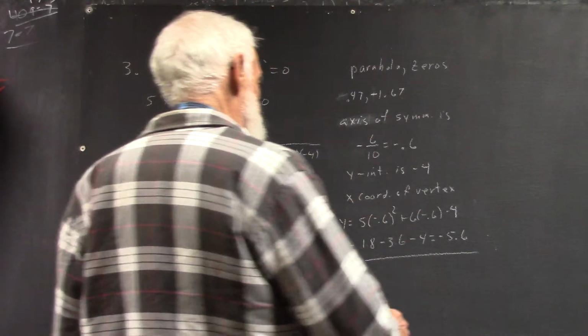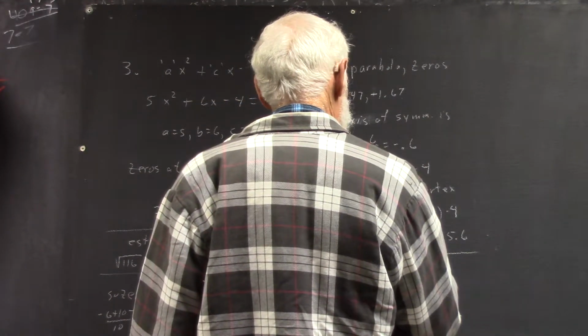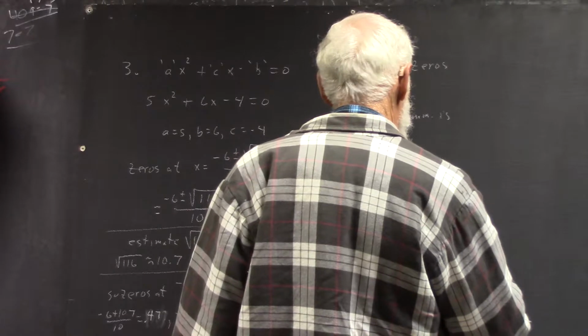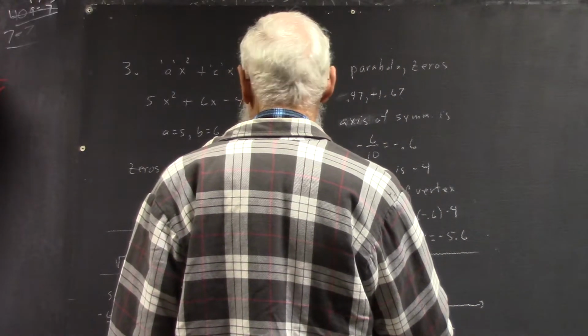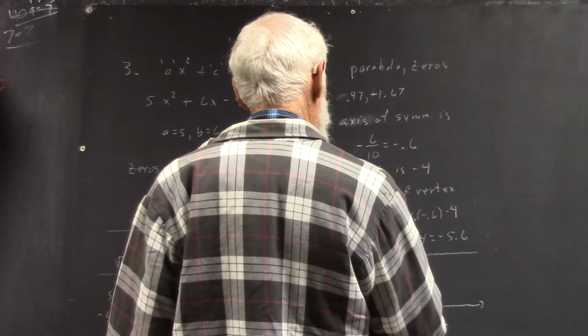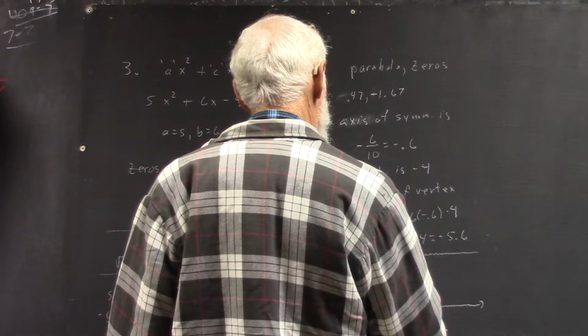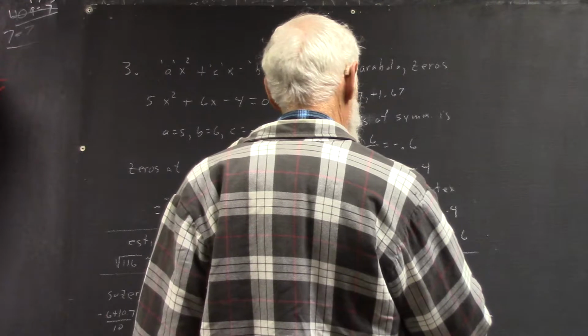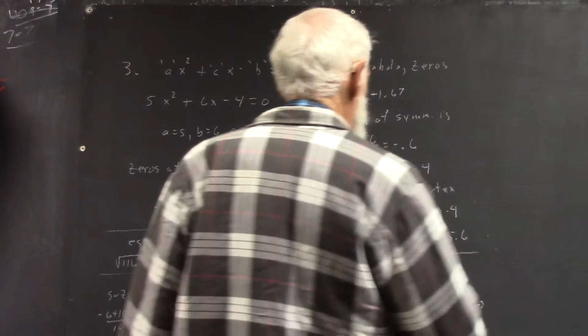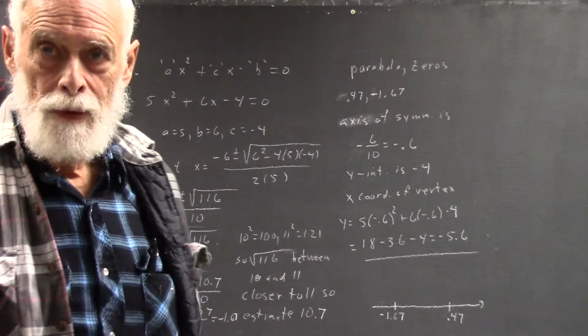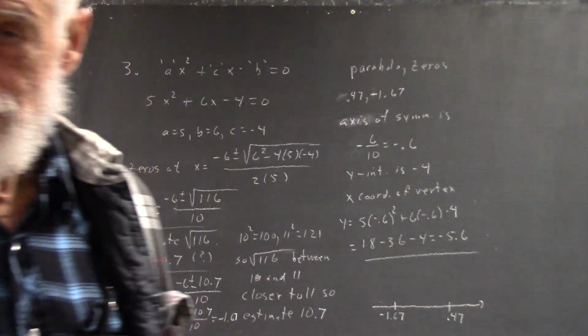Okay, so this gives us a graph. We have negative 1.67. We have 0.47. Where's the y-axis going to go?